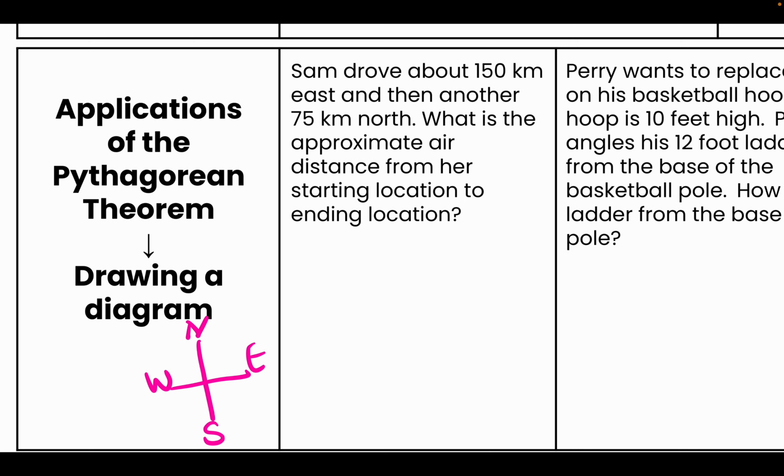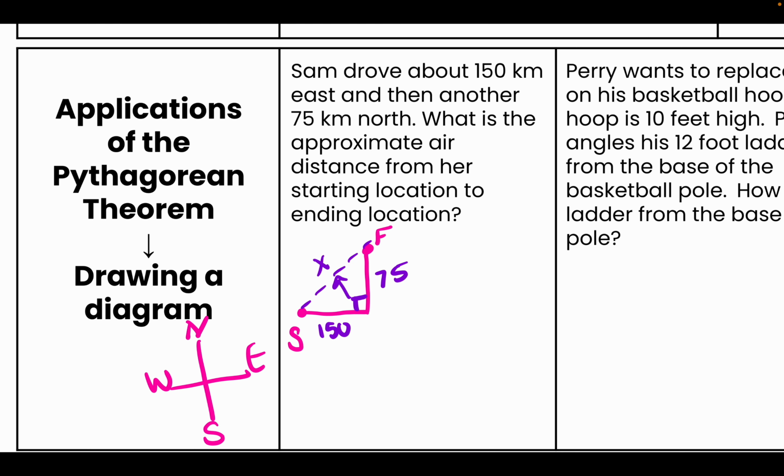So they drove, so here's your start, drove east, then drove north, and that's the finish. And then the air distance is what we're looking for. That would be our x. So we went 150 and then 75. And because we went east and north, that means we have a right angle in our picture. Our x, our unknown, is across from that right angle, so that's kind of like our c.